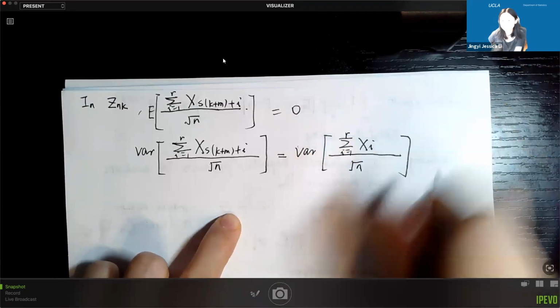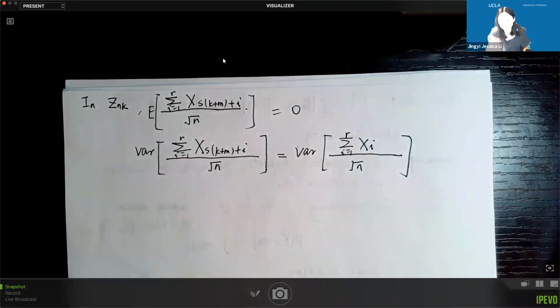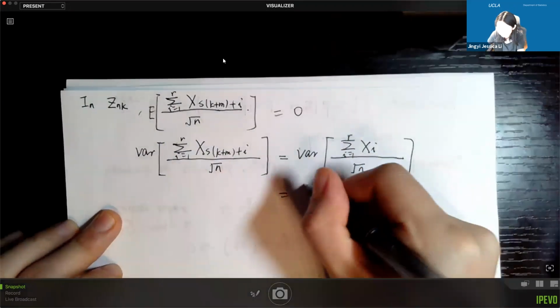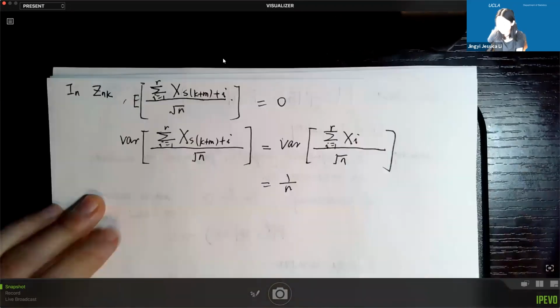No matter where this segment is, whether in the beginning or in the last, it has the same variance. So I can get this root n out, and it becomes the variance of that.